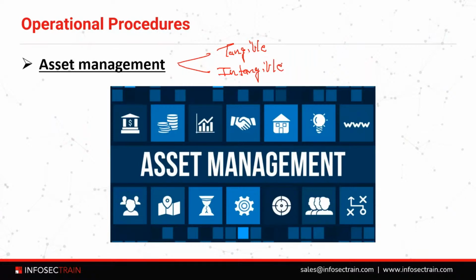Intellectual property, software licenses. You cannot touch or feel them, but if they are stolen, then that will be a problem for your organization. So asset management uses a catalog of hardware and software to implement lifecycle policies and procedures for provisioning, maintaining, and decommissioning all the systems that underpin the IT services.